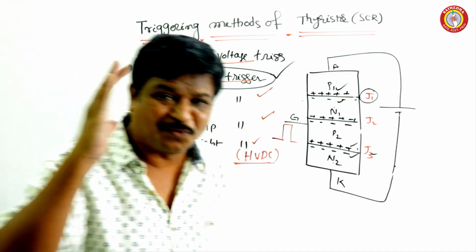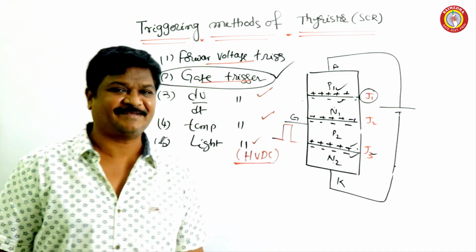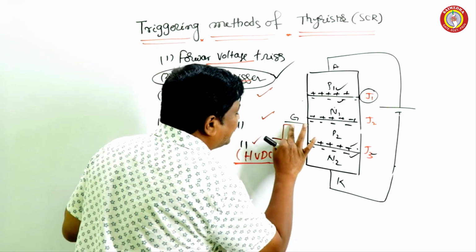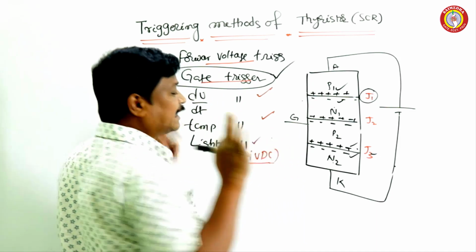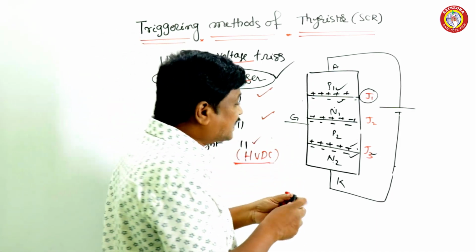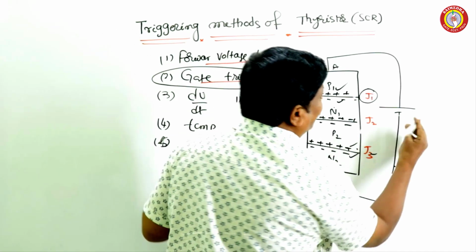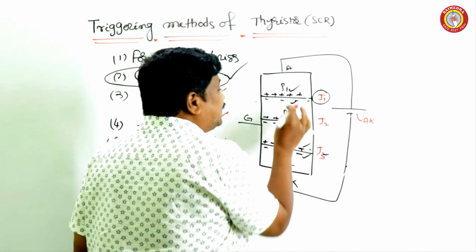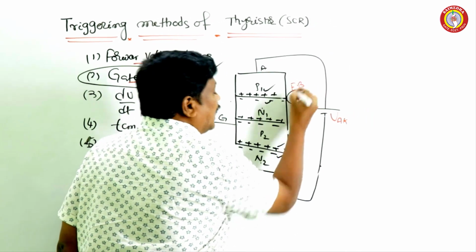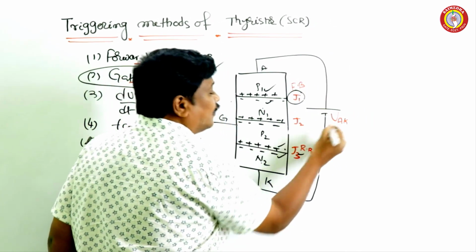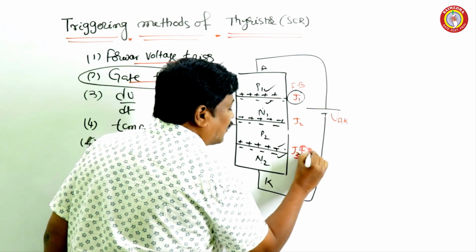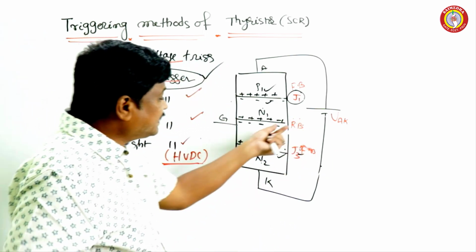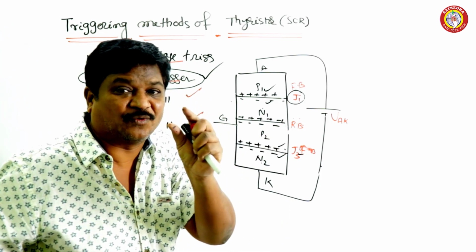What is forward voltage triggering? It means you are not applying any gate pulse. Whatever voltage VAK is available, once this junction is forward biased and this one is reverse biased, and this is also forward biased, this one is reverse biased, it acts like an open circuit.